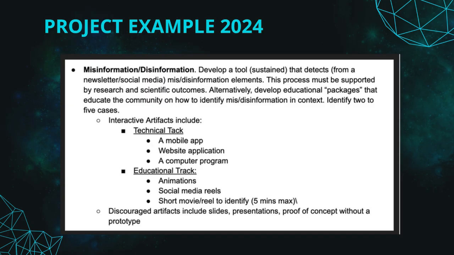This process must be supported by research and scientific outcomes, or alternatively, they could develop educational packages that educate the community on how to identify mis- or disinformation in context.